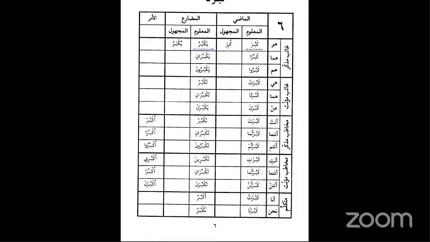So huwa kabura, huma kabura, hum kaburu, hiya kaburat, huma kaburata, hunna kaburna, anta kaburta, antuma kaburtuma, antum kaburtum, anti kaburti, antuma kaburtuma, antunna kaburtunna, ana kaburtu, nahnu kaburna.